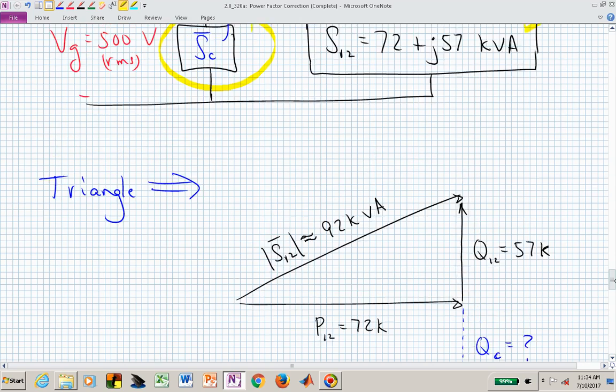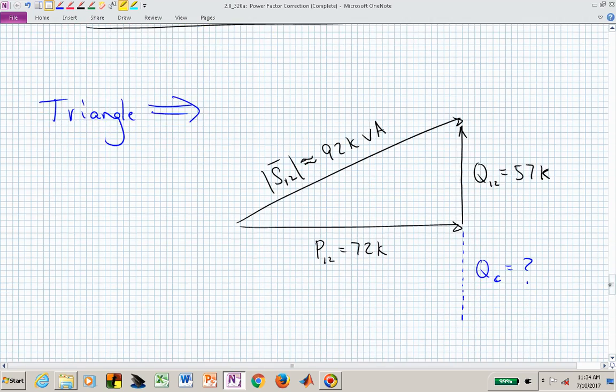And here's the picture. If we look at the apparent power of the combination of loads 1 and 2, then that gives us a hypotenuse of 92,000. The real part is 72,000 and the reactive part is 57.